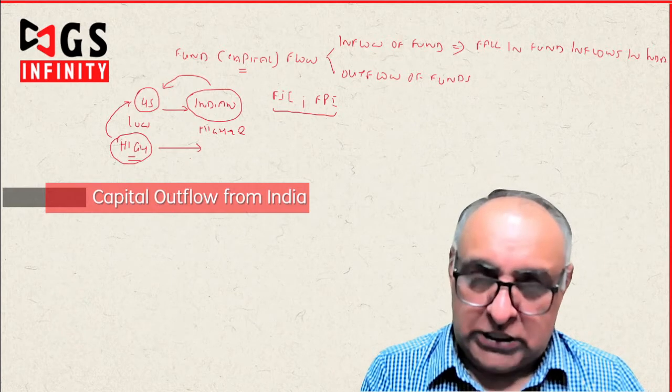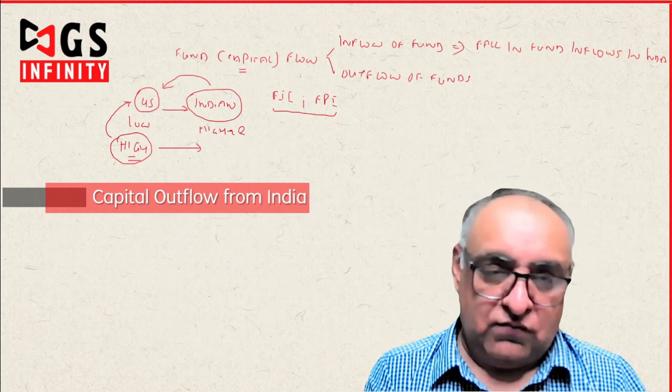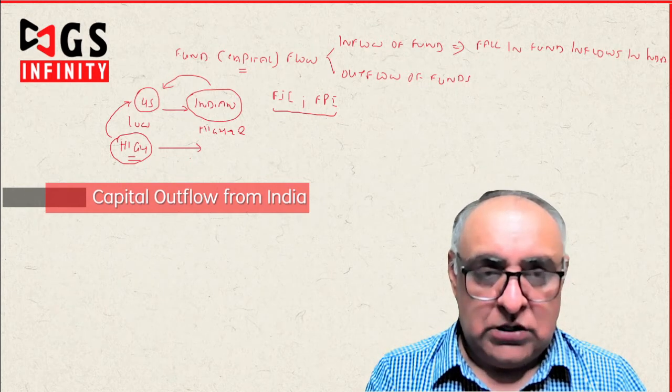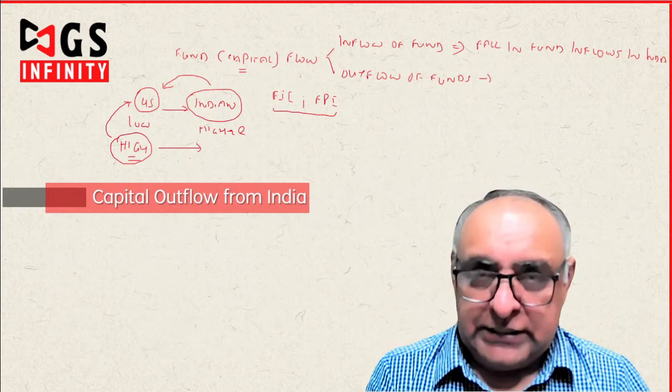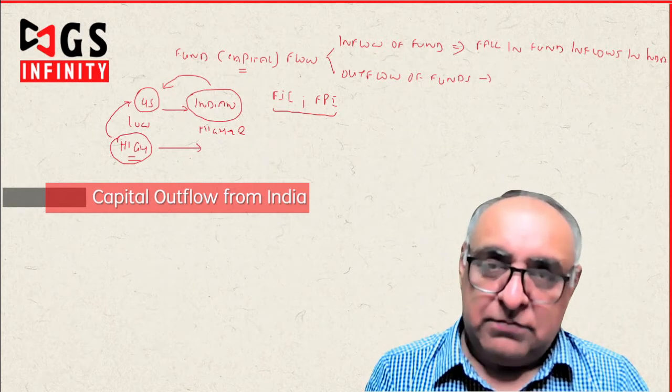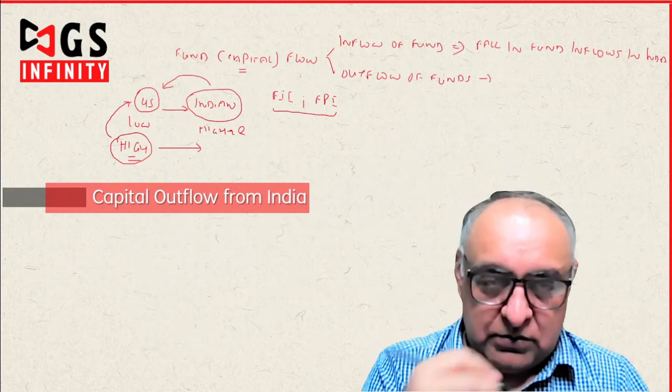So they would start selling their securities, withdrawing their money, and shifting that money into the US economy. So, what will happen with this?